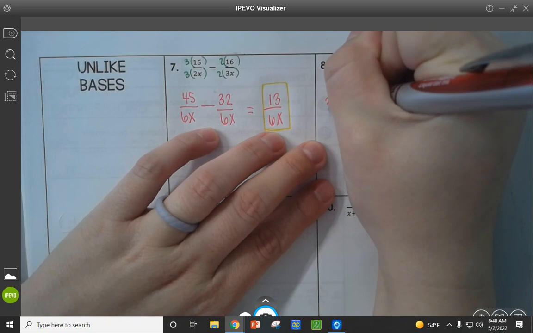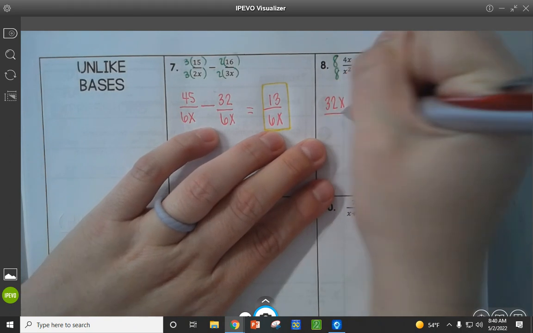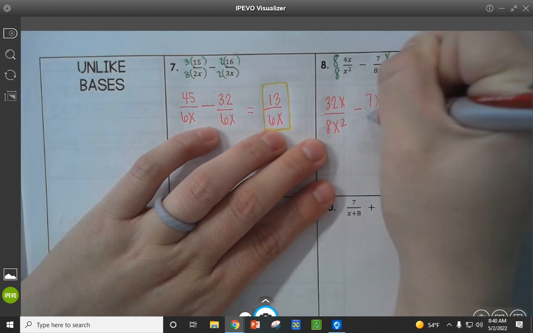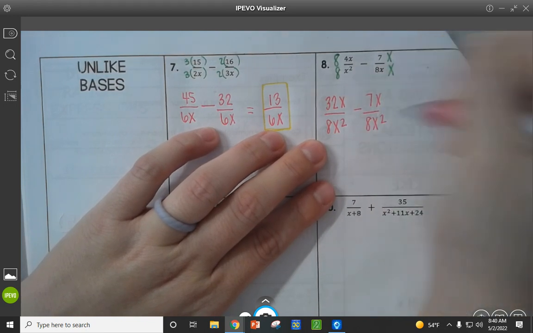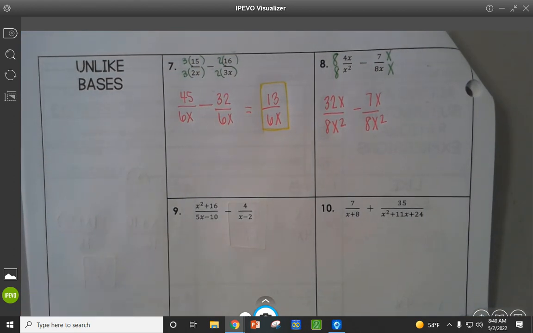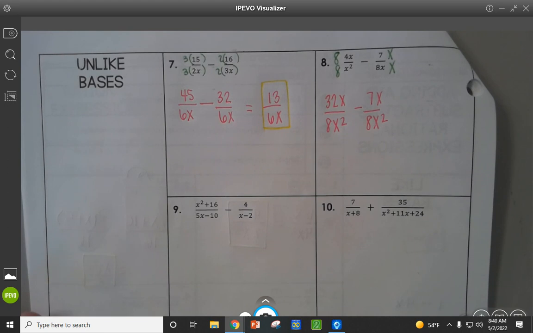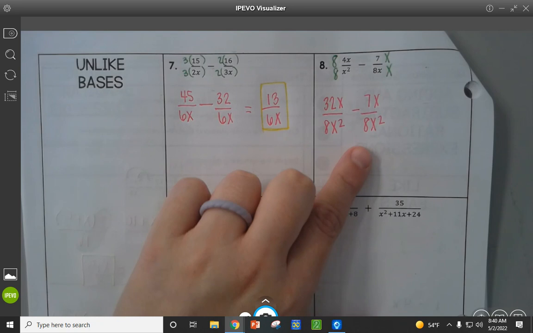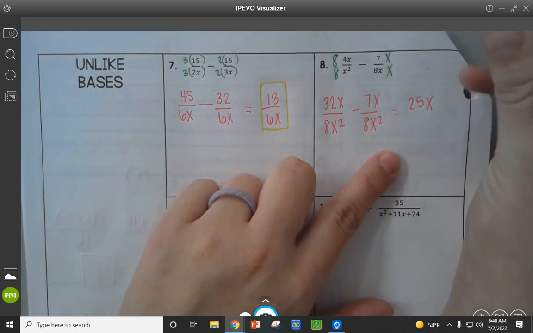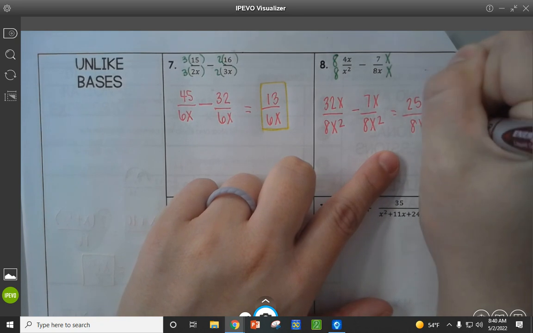So this would be 32x over 8x squared minus 7x over 8x squared. 32x minus 7x is 25x over 8x squared.